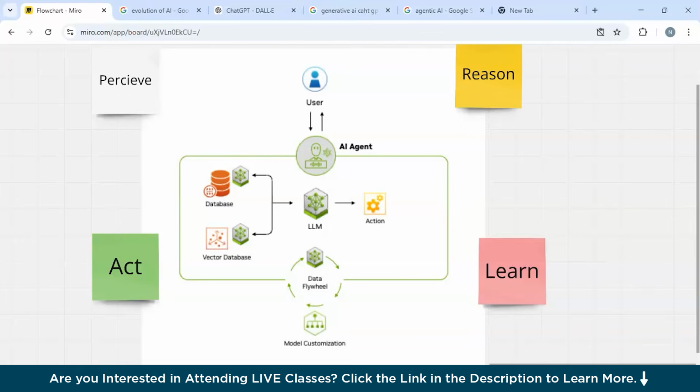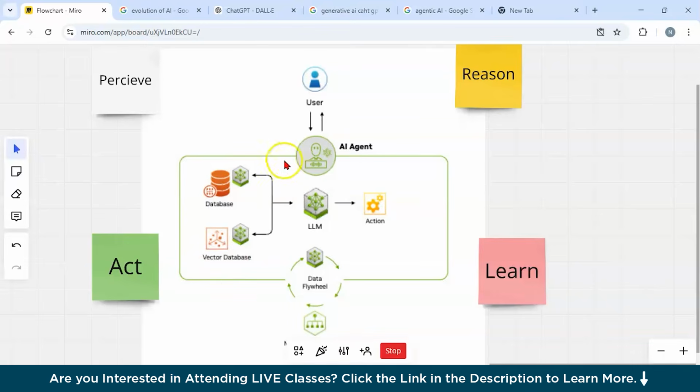It can also coordinate with multiple AI models for different tasks, like content generation, predictions, or decision making. When the user asks a chatbot, for example, what is my account balance, the LLM processes the query, retrieves the relevant data, and responds with the bank balance accordingly.